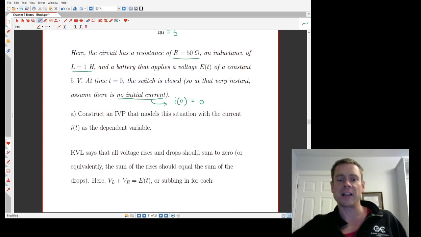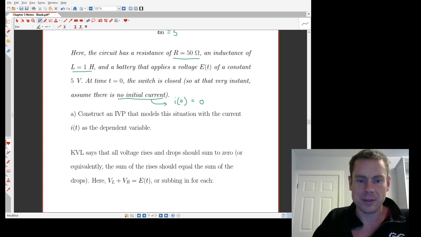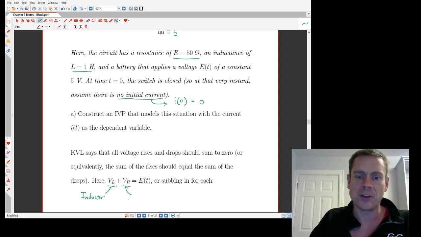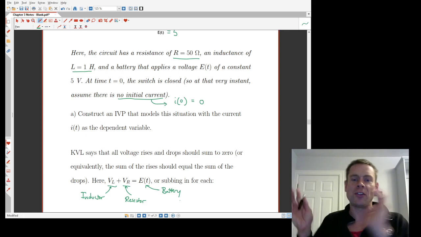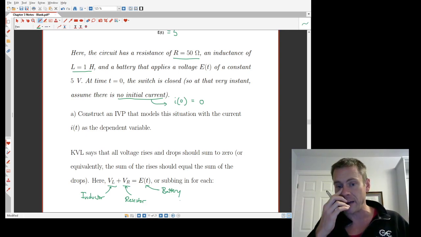So there's the VL, this is from the inductor, and here's VR, this is from the resistor. The E of t, that's from our battery, and the sum of the rises has to be equal to the sum of the drops, and that's exactly how we get here.